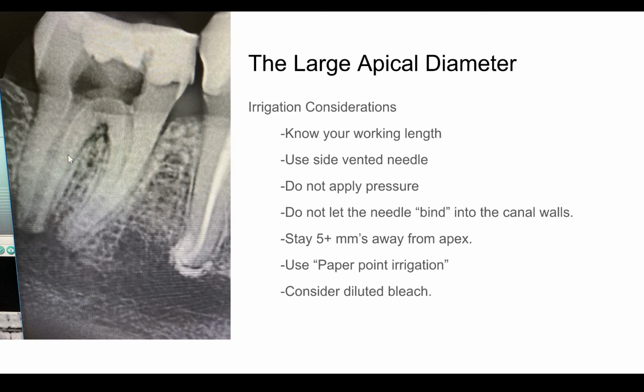When we're using sodium hypochlorite, it's those two very different functions that we're leaning on. 3% versus 6% does not have the same effectiveness with tissue dissolution as it does with antibacterial effects, which is why we use 6% for all of our procedures.